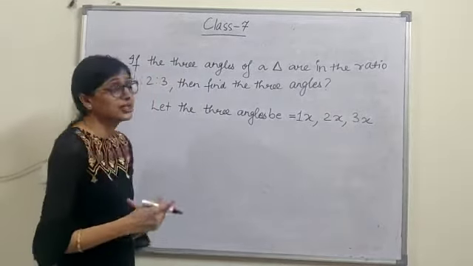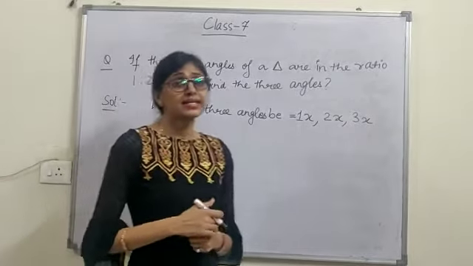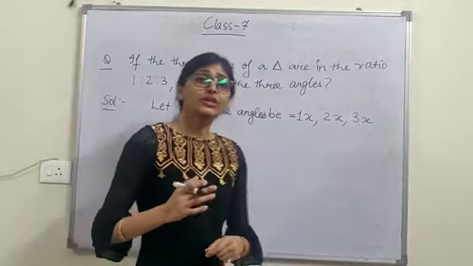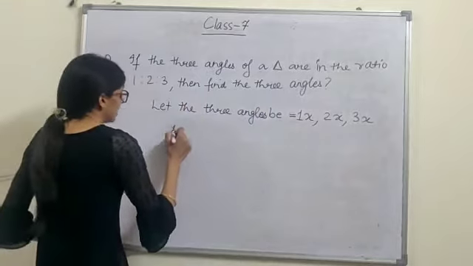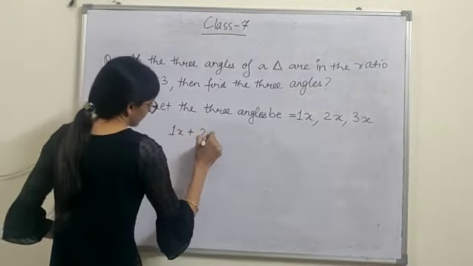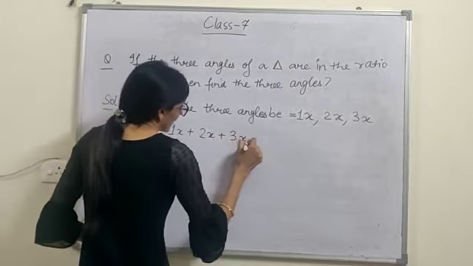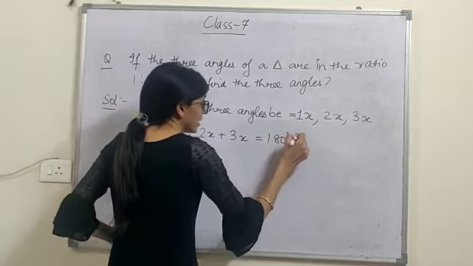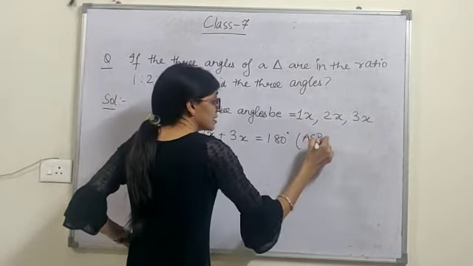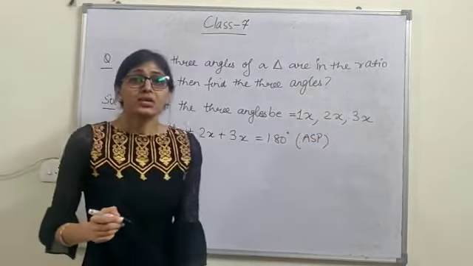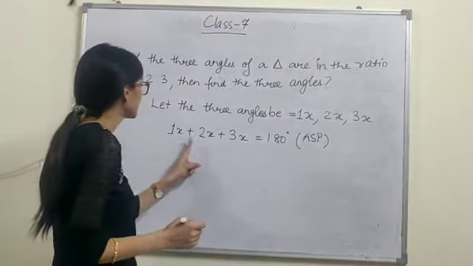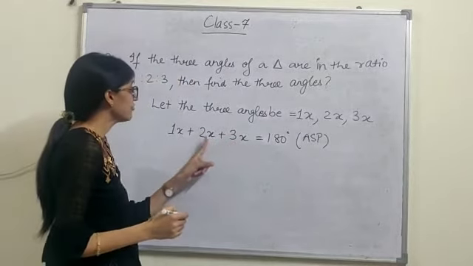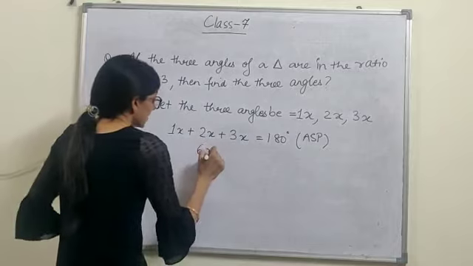Now we know that angle sum property states that the sum of three angles of a triangle is 180 degrees. So 1x plus 2x plus 3x is 180 degrees. Angle sum property, right? So what is 1x plus 2x plus 3x? 3, 4, 5, 6. 6x.